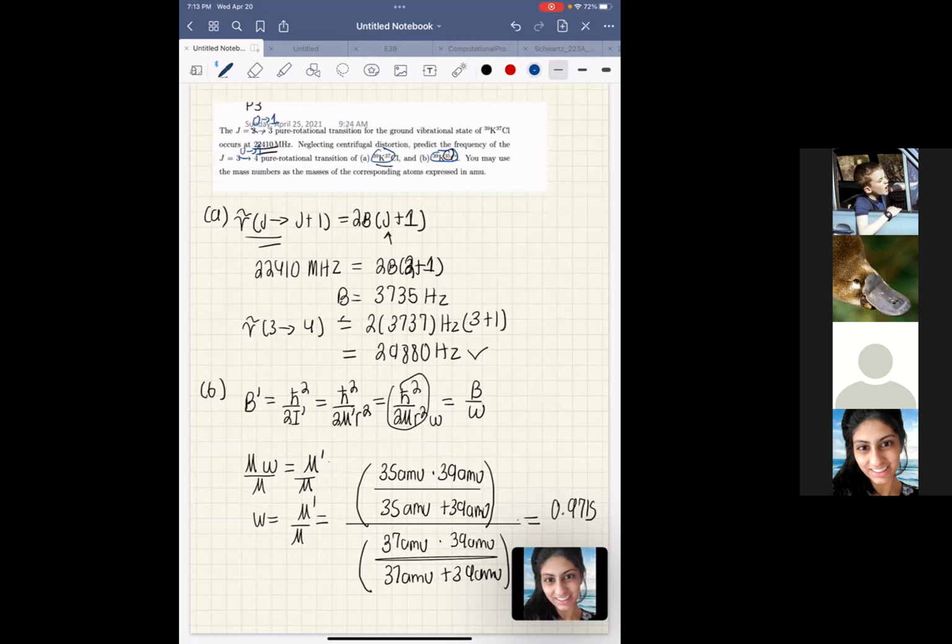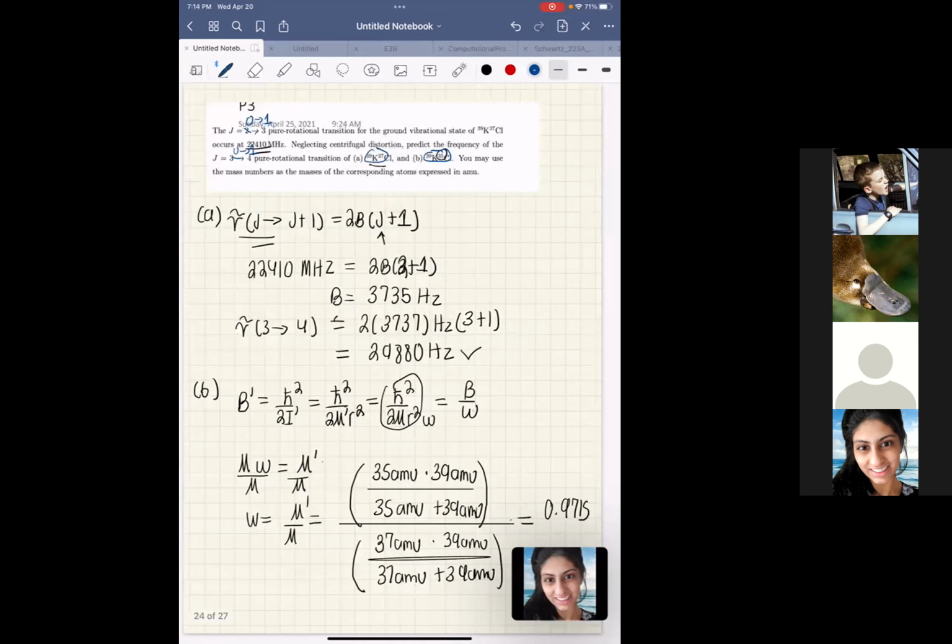Does that make sense? Yeah, so I don't have to do the J plus 1 stuff. I can just take the B value for 1 and multiply by the new mass over the old mass. But if it's different J states, then I have to do the equation first, get the B value, and then use that B value to find the new B value. Yeah, pretty much. Okay, that makes sense. Thank you.